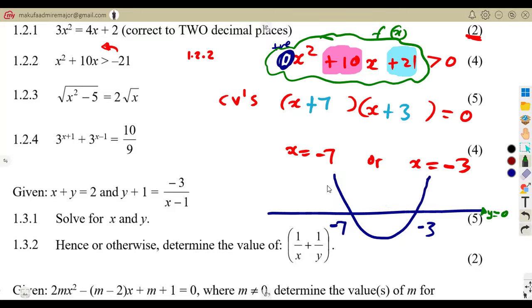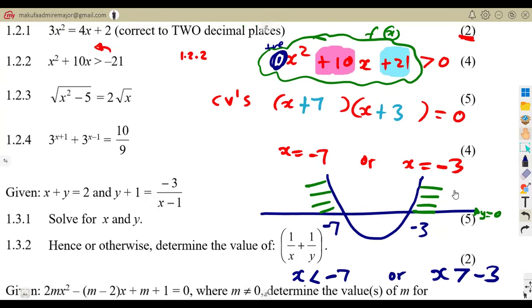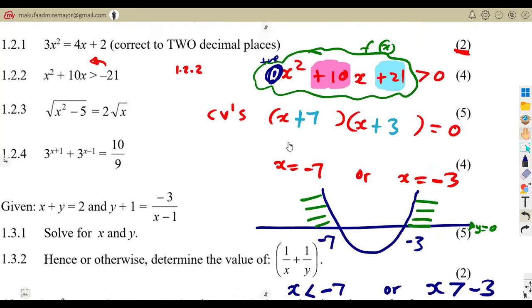So on top, the solutions will be this side, and the other solution will be this side. So x is less than minus 7, or to this side, x is greater than minus 3. These are the possible values of x, where these are real numbers that you are referring to.